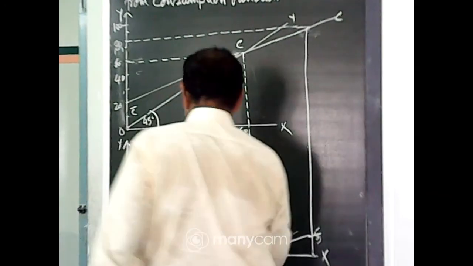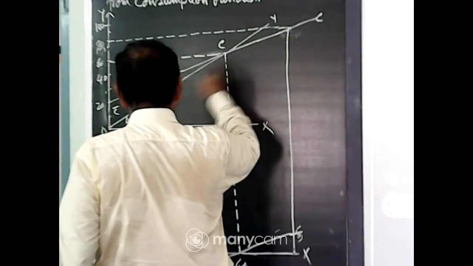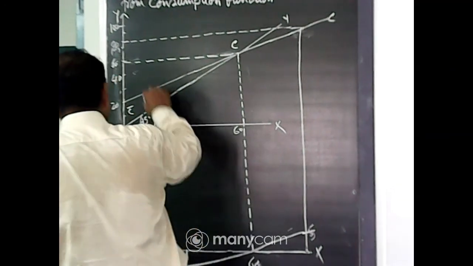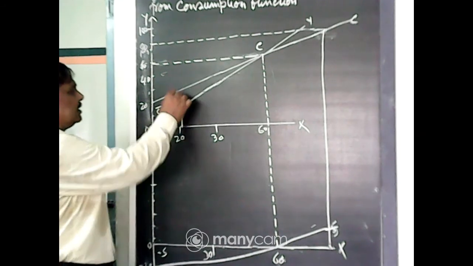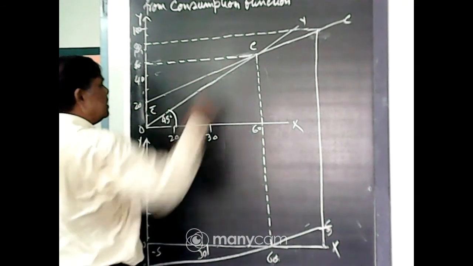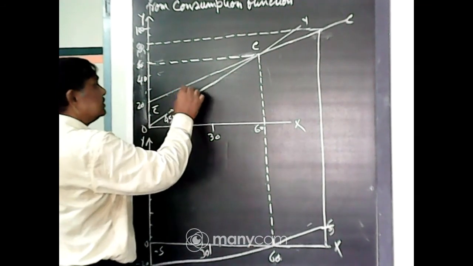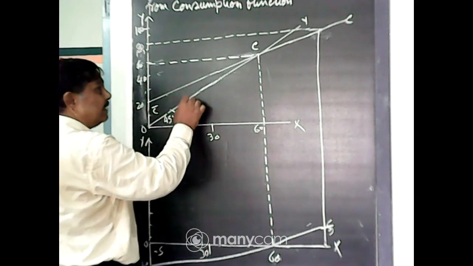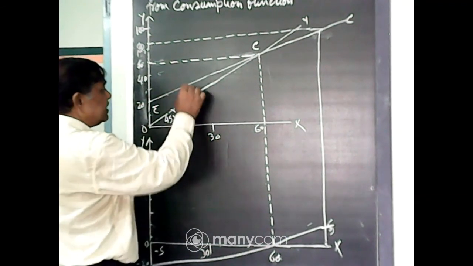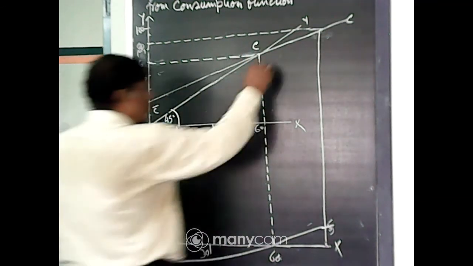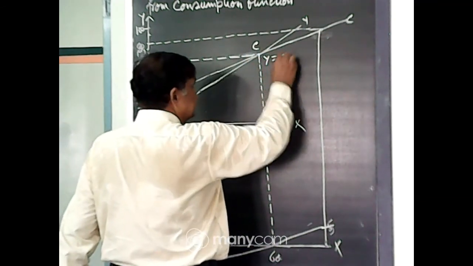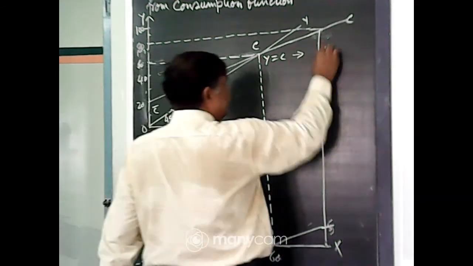and it increases with the increase of income. And here the difference between the consumption curve and income curve is this minus saving, and at point C, Y is equal to C, and this is called break-even point.